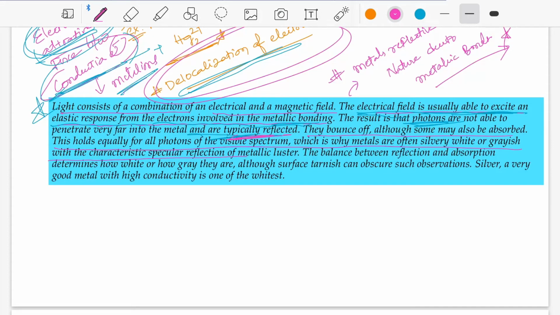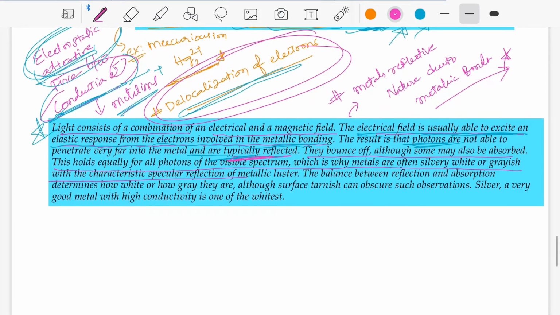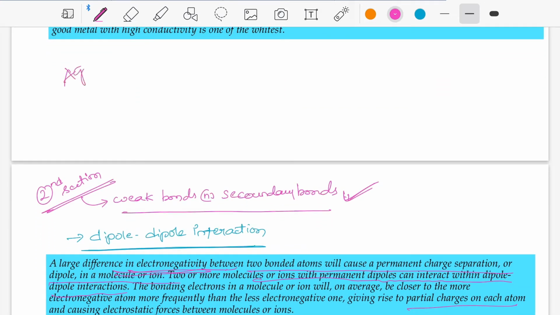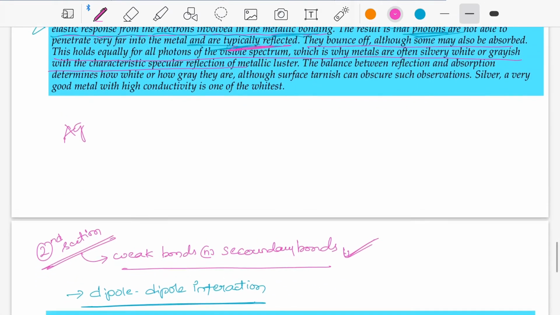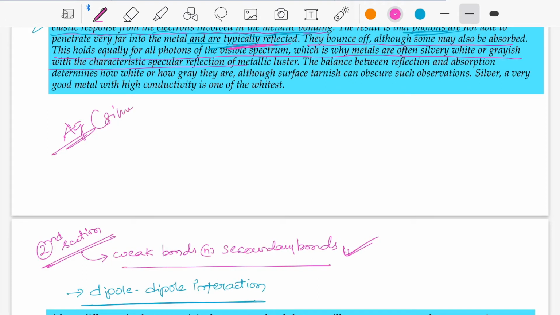Suppose we take silver, Ag. When light falls upon the silver, the light energy is reflected by the surface of the silver metal by the metallic bonds in the silver metal. So we see the shiny nature of the silver metal.